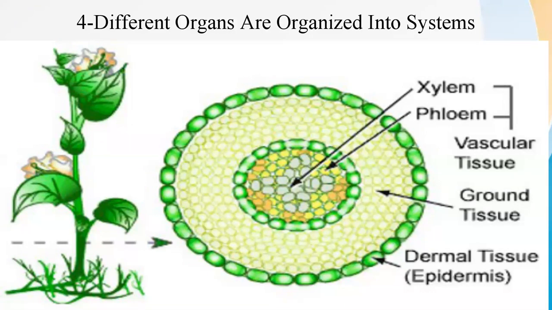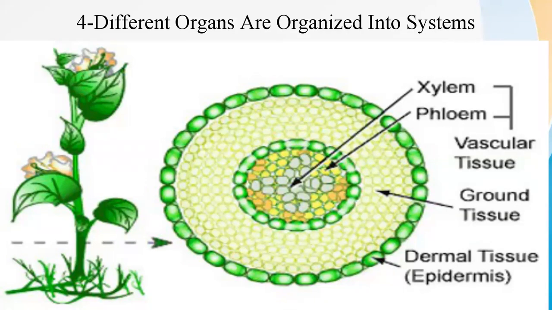Is it clear? In case of human beings, the systems are like digestive system, circulatory system, nervous system, reproductive system. These are the systems which are found in many multicellular organisms.